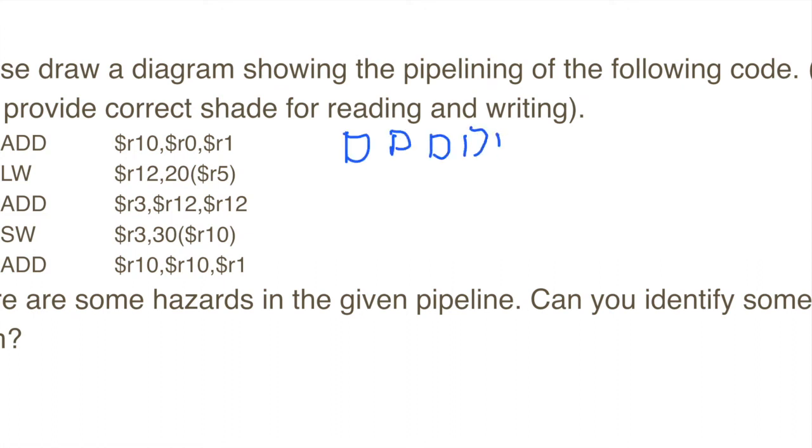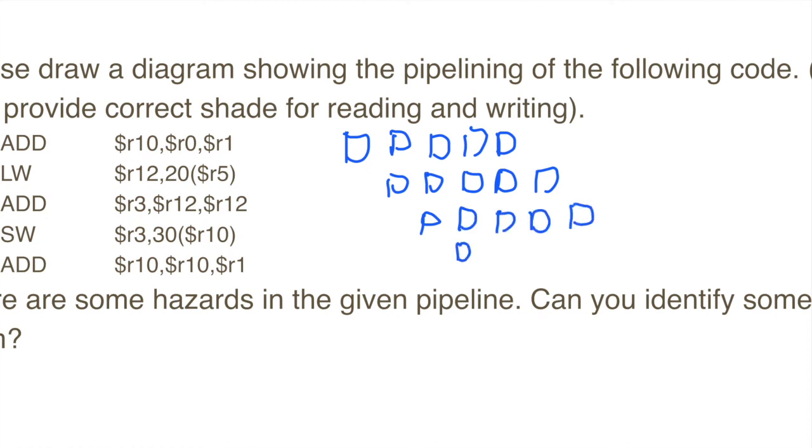Okay, I draw quick pictures here. This is for the add. This is for the load. This is for the add. This is for store. And the last one for the add. Okay, do we have hazards here?